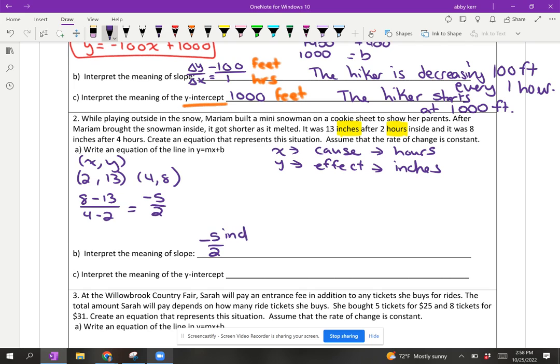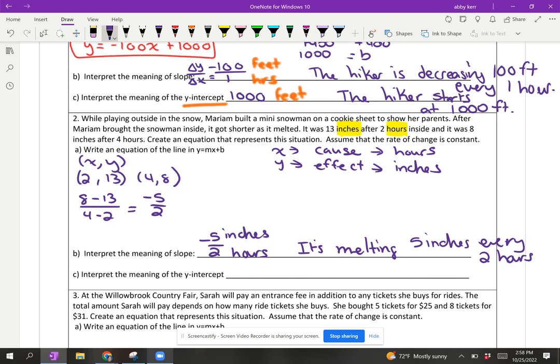So it's decreasing 5 inches every 2 hours, or it's melting, is what some students said today. So 5 inches every 2 hours.